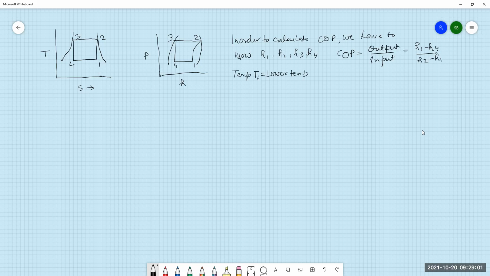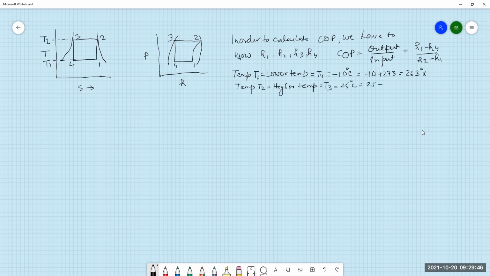This is T1, or T1 is equal to T4, which is given here as minus 10 degrees centigrade, which is equal to minus 10 plus 273, equal to 263 degrees K. And the temperature T2, the higher temperature of the cycle, which is also equal to T3, is given as 25 degrees centigrade.